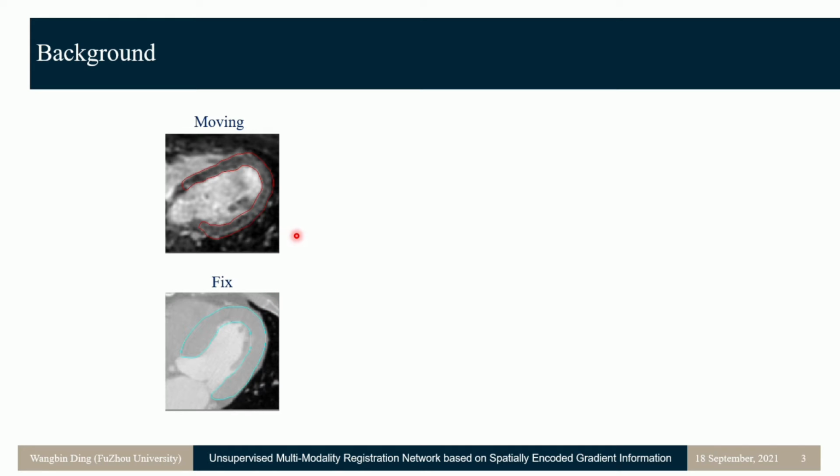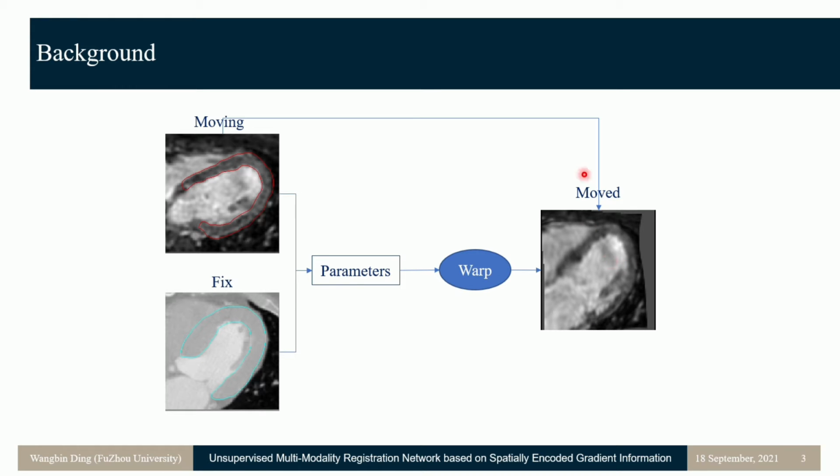Registration is a critical method for medical image analysis. Given a moving and a fixed image, registration aims to find the transformation parameters between these two images. Based on the predicted transformation parameters, we can warp the moving image into a moved one.